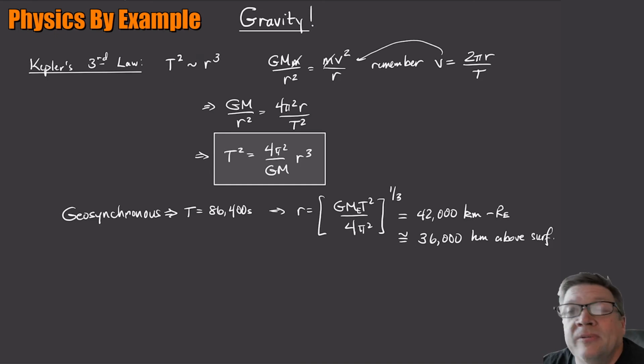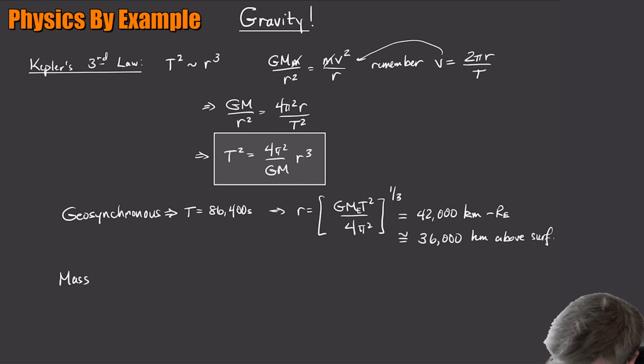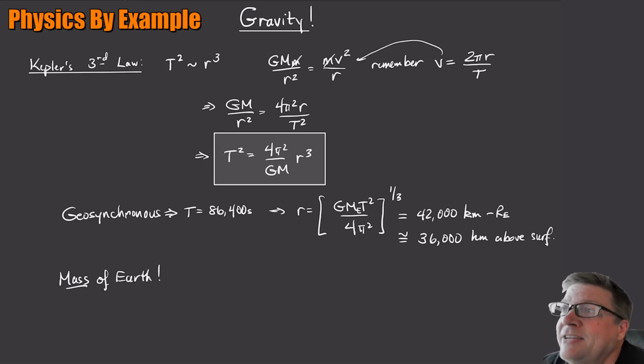So for example, let's calculate the mass of the Earth, just based on watching the moon, right? That's the obvious thing. So in Newton's time, or at least shortly thereafter, we could calculate the mass of the Earth, which is a fantastic thing because you can't put the Earth on a scale or anything. So what's the mass of the Earth?